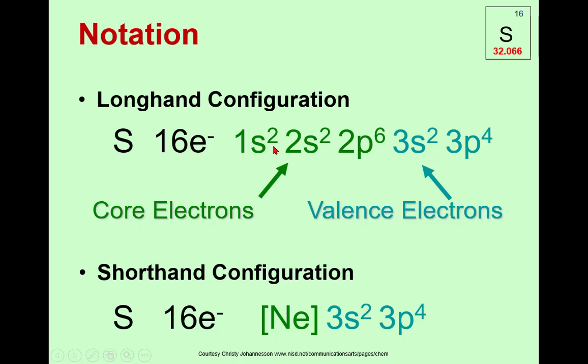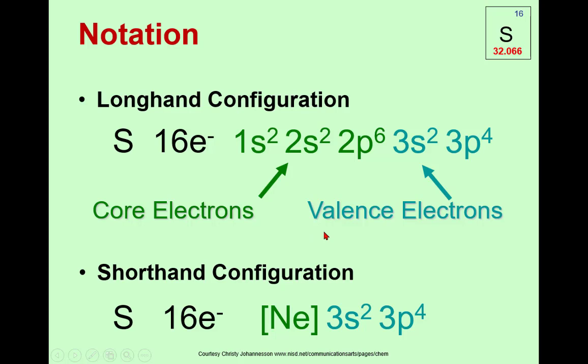For example, this has 1s2, 2s2, 2p6, which makes 10 electrons. So this 10-electron configuration is basically the configuration of neon, and further we have the rest. For example, we have 3s2 and 3p4. The 4 electrons we have to set according to Hund's rule, as we learned in the previous slide.